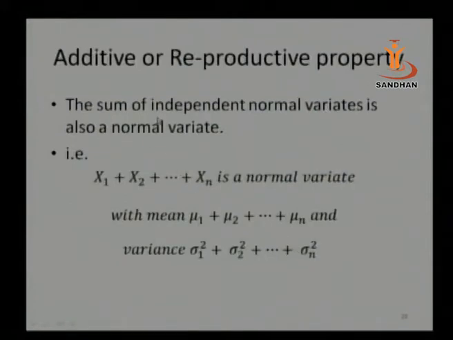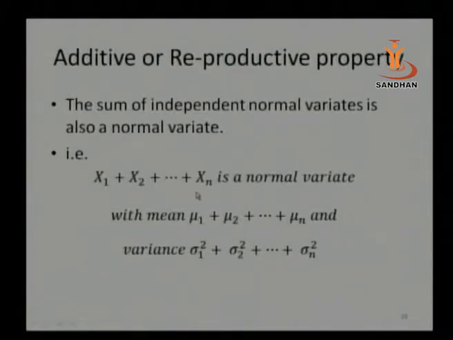Okay, here the additive or reproductive property. The sum of independent normal variates is also a normal variate. It means that if you have n independent normal variates, say x1, x2 up to xn, and you add all these n independent variates, the sum also follows the normal distribution.